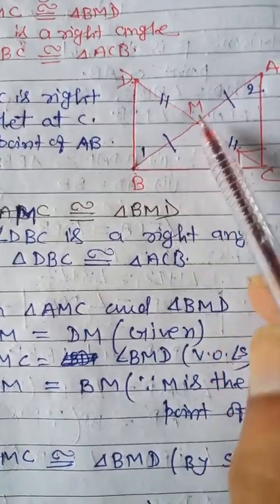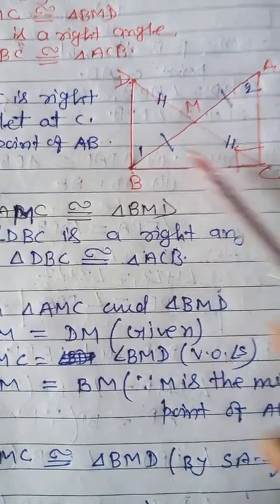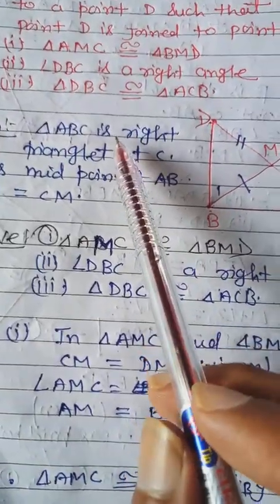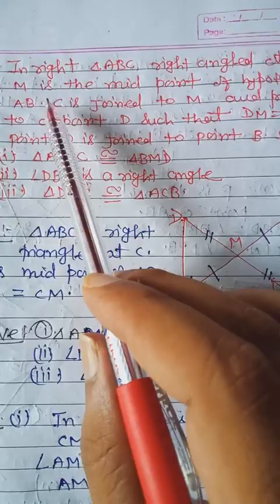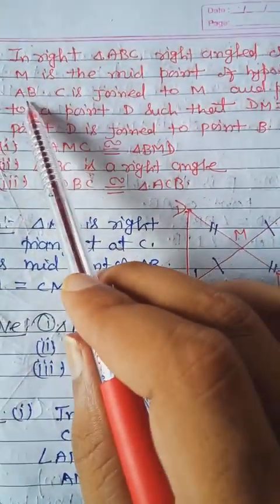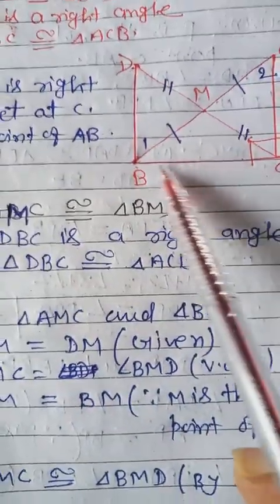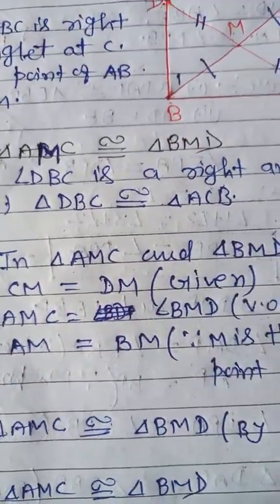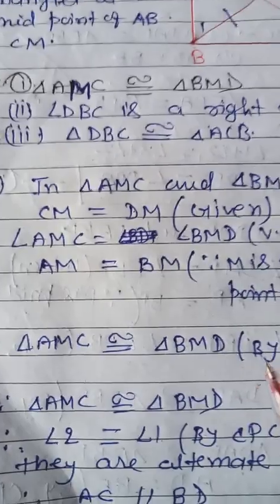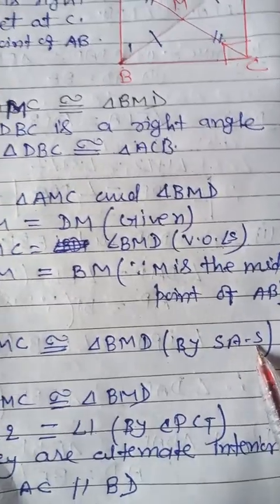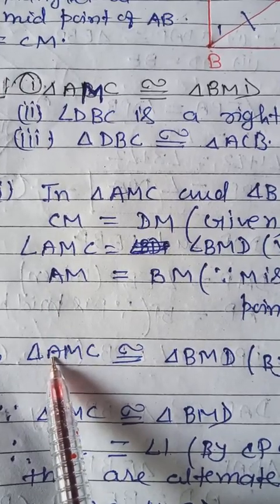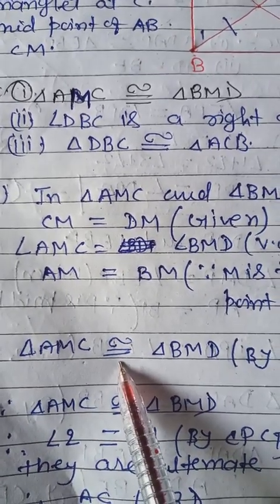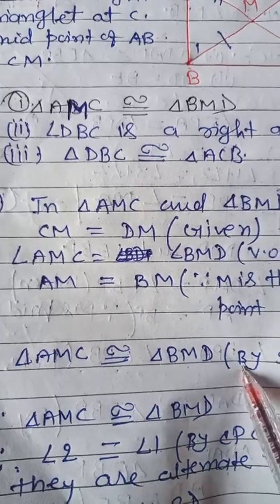And BM equal to AM because M is the midpoint. Look here, M is the midpoint of hypotenuse AB. So we can write BM equal to AM. By using SAS congruency criteria, we prove that triangle AMC is congruent to triangle BMD.